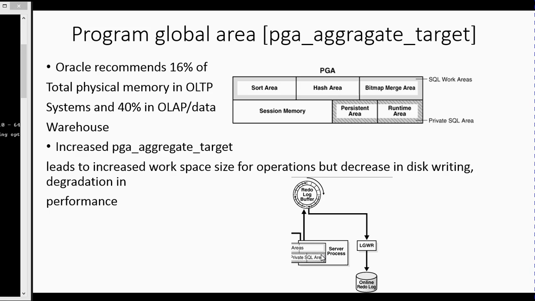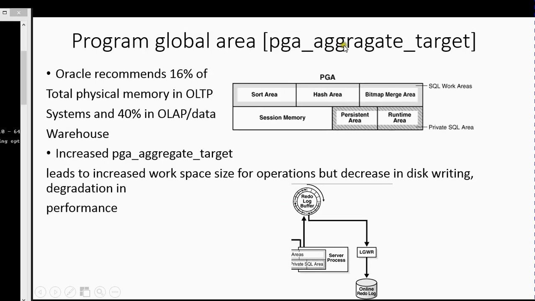If it's too large, then more work is done by the PGA, which actually makes it more difficult for the server process to do the writing. And if this part is slow, then everything else will be slow. So you do not want to do that.